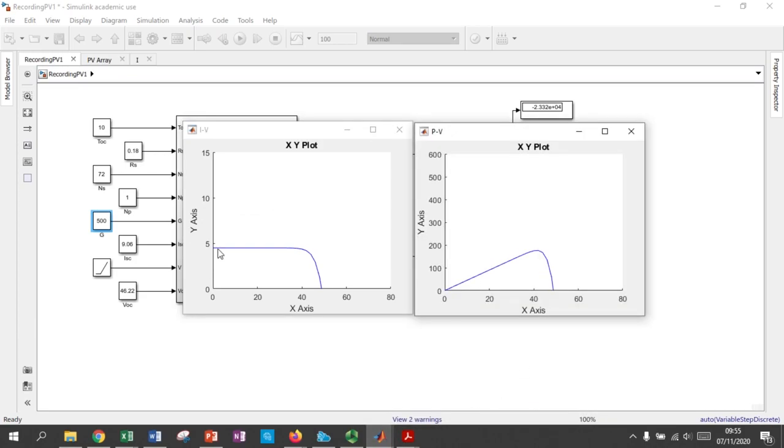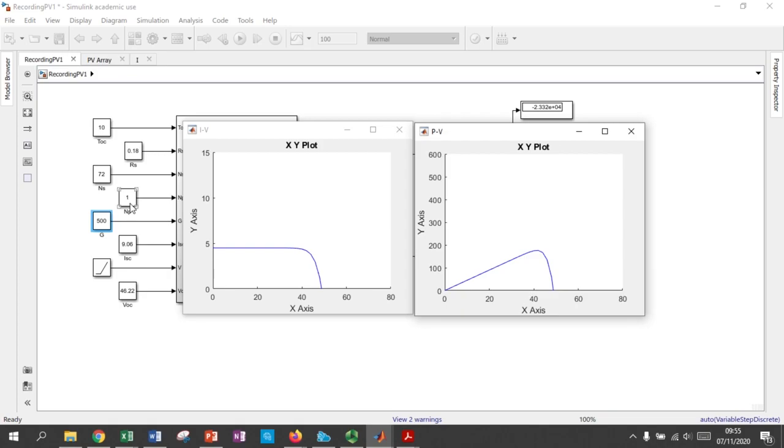You can find how small the current is. Easily you can draw the effect of the solar irradiance on the current versus voltage curve and power versus voltage curve, and see each of them.